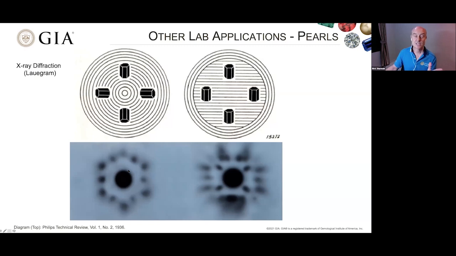So that would tell us that in one direction, it was natural. So if we changed the pearl through 90 degrees and we exposed the pearl again, and we got another six-fold pattern like this, we would know that the pearl was a natural pearl.